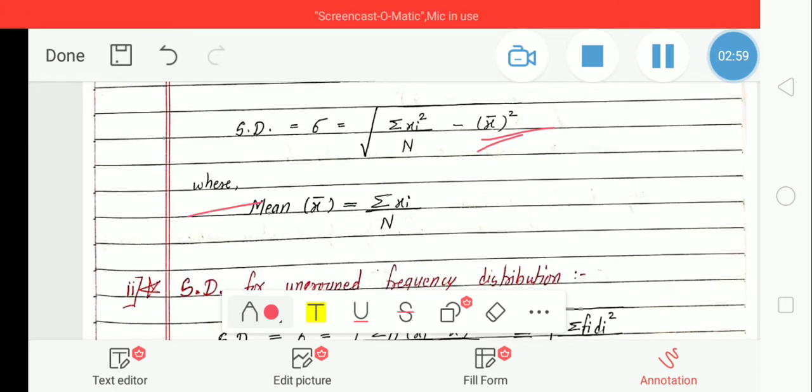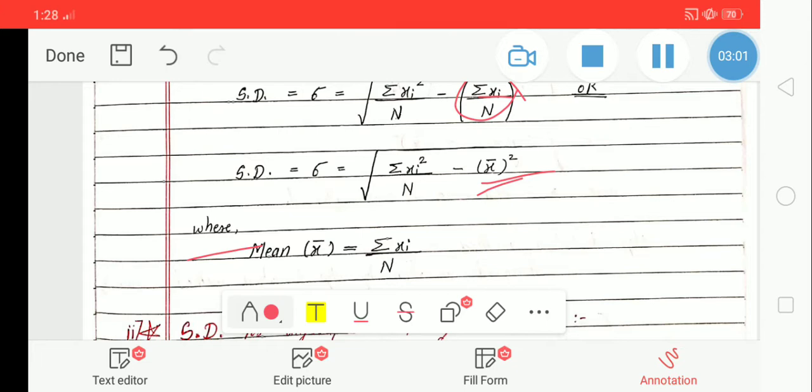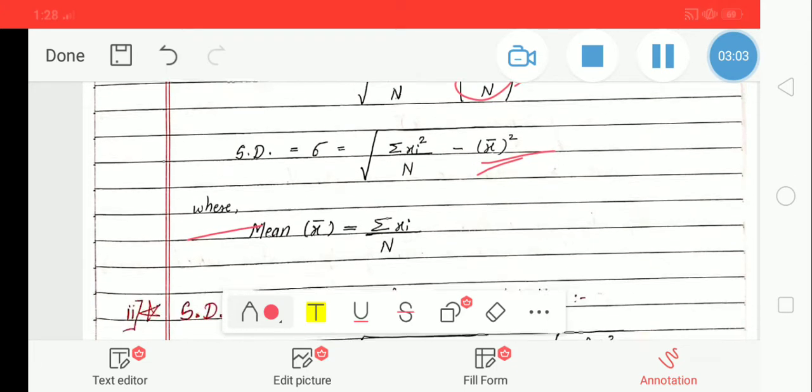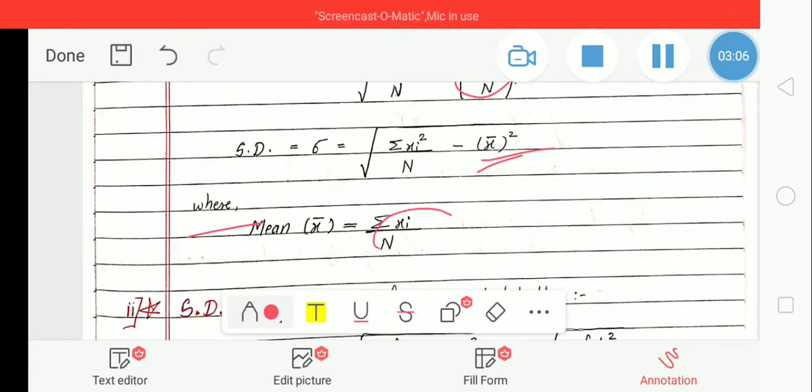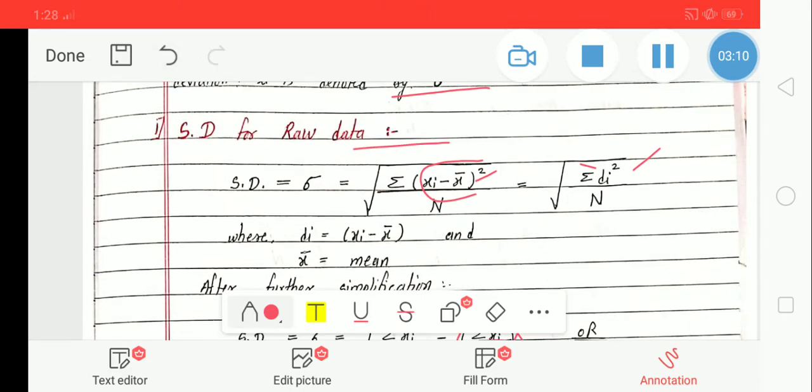Here x bar is equal to the summation of xi divided by n, that is the mean. This is for raw data.